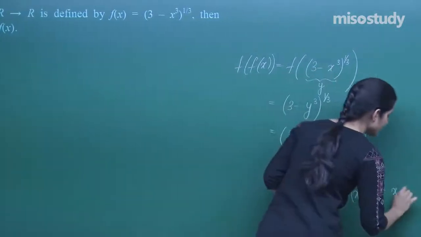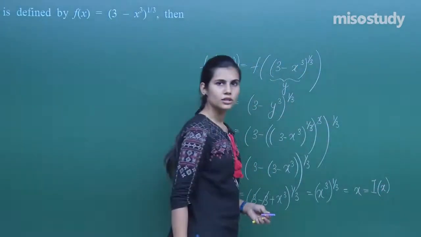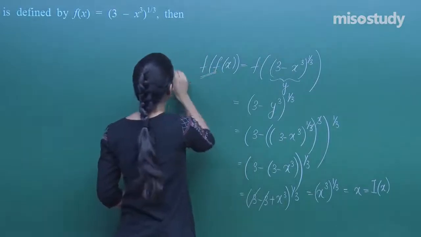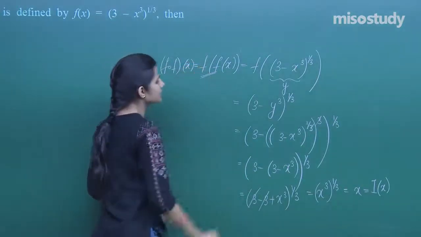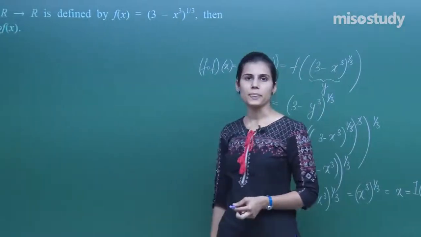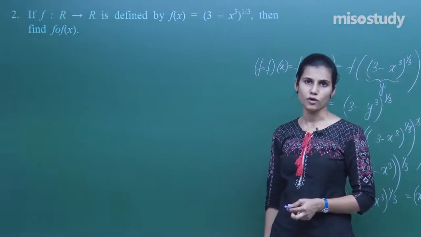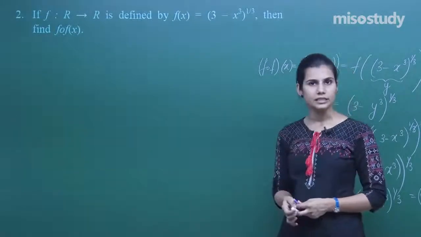So actually x means identity function applied on x. So f of f of x is coming out to be identity function on x. So over here f of f is nothing but identity function on the collection of all reals. That is the domain. So here f of f is coming out to be identity function.